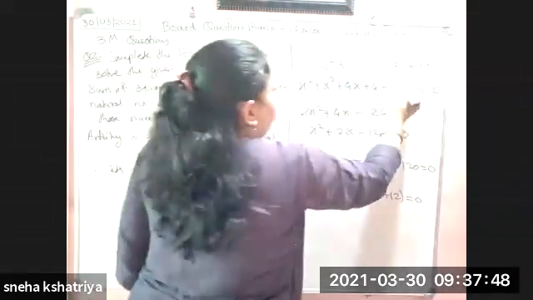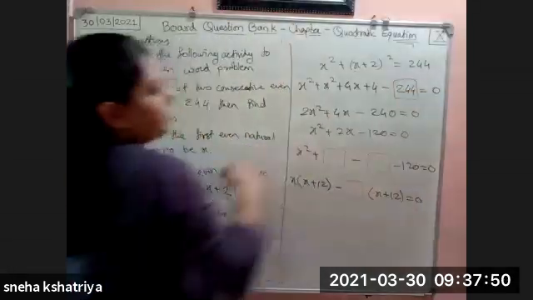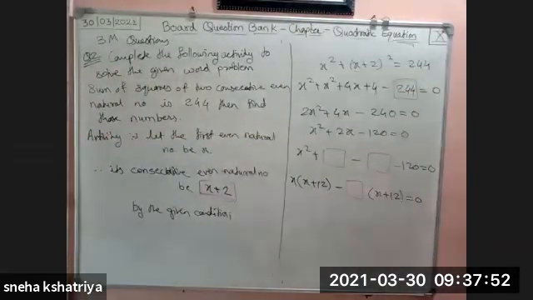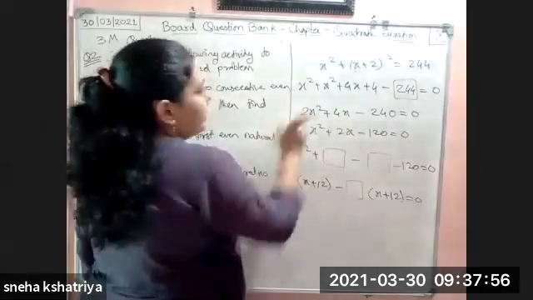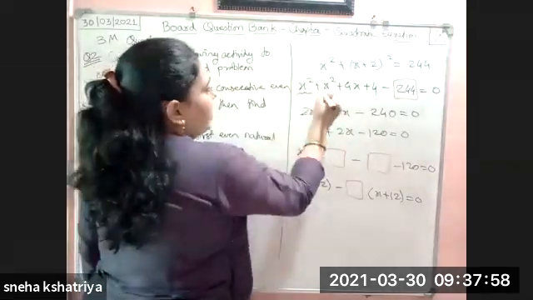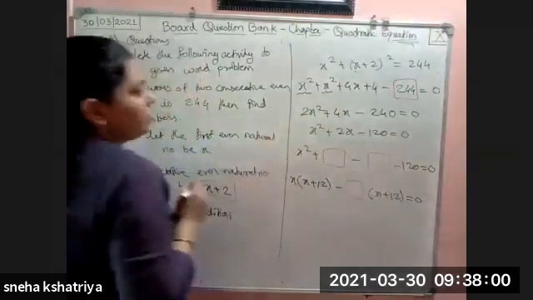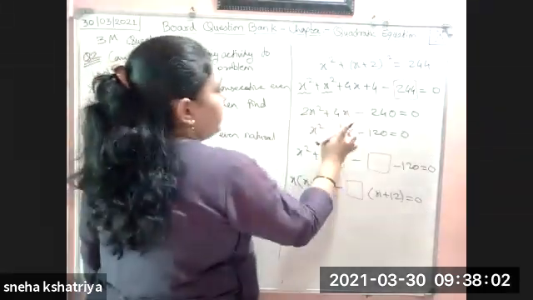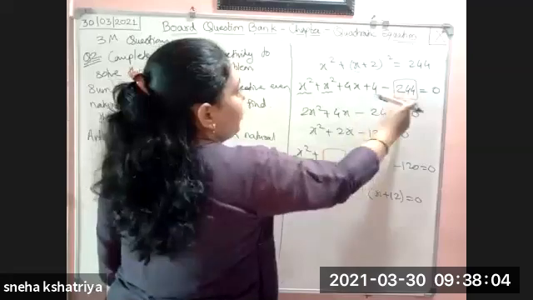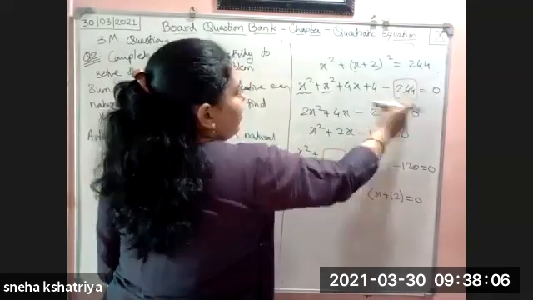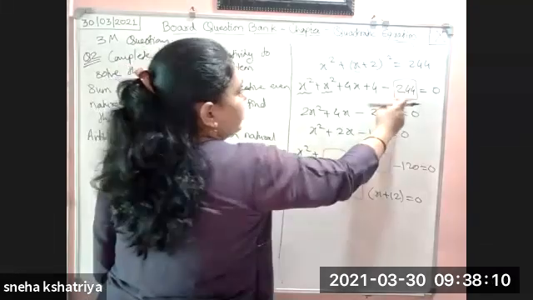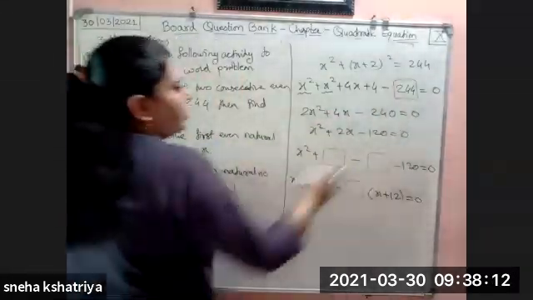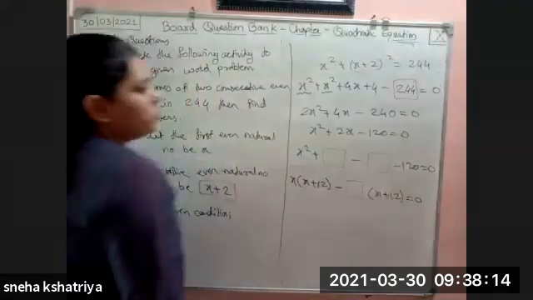Minus 244 will come to the left hand side, so in that box it will become 244. Next step is already given. See here, x square plus x square becomes 2x square plus 4x as it is, plus 4 minus 244. Subtraction: 244 minus 4 becomes 240, which is equal to 0.